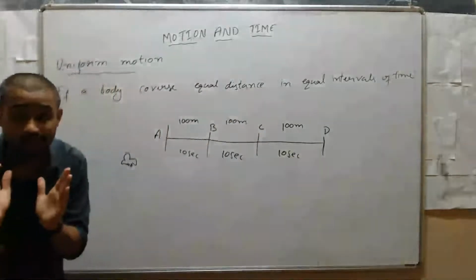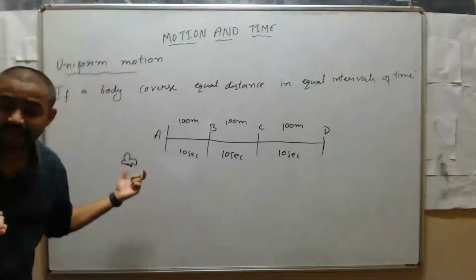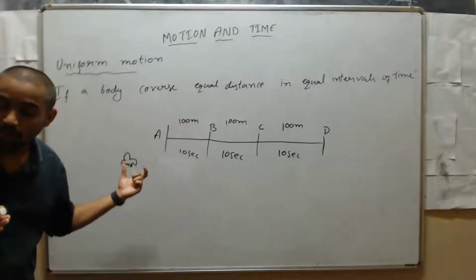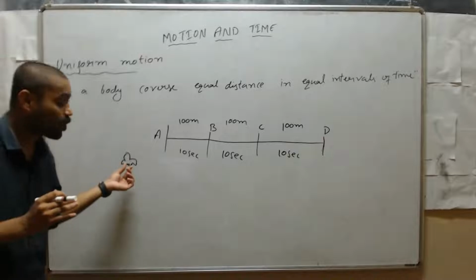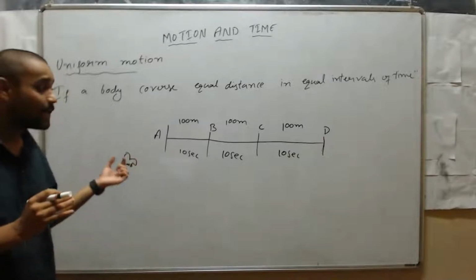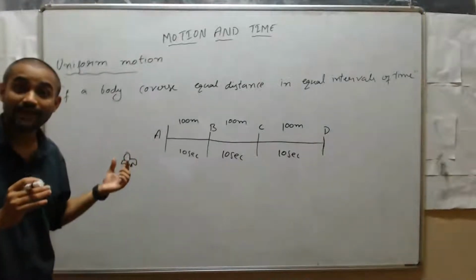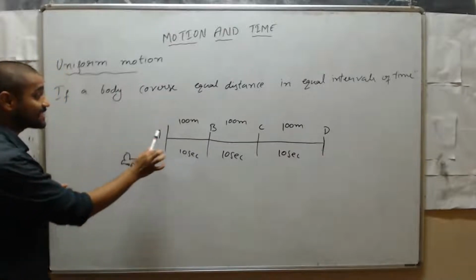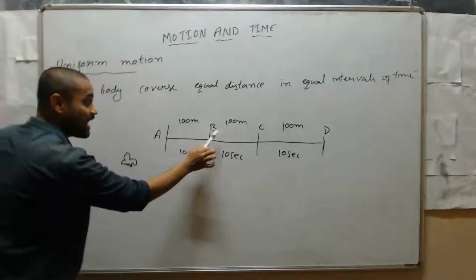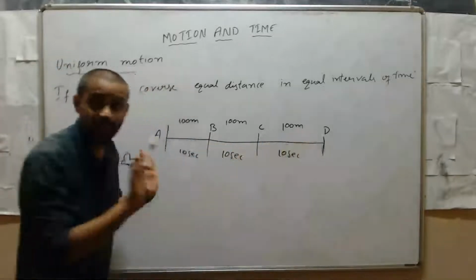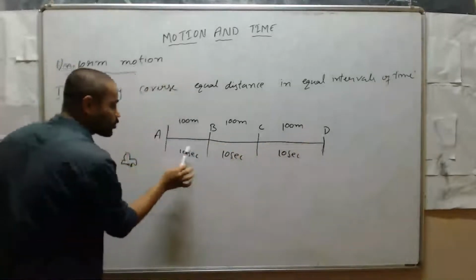Then we can call it uniform motion, students. This car is traveling in a uniform motion. Why, sir? Because it covers equal distances, that is 100 meters, 100 meters and 100 meters, in equal intervals of time.